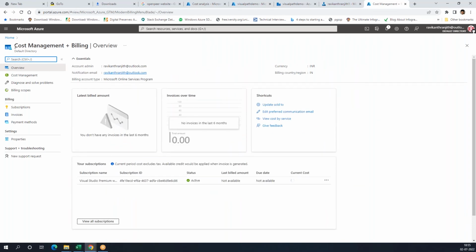This is information if you are the owner of your subscription; you will be able to see what cost management is. But in the actual world, in enterprises, there will be separate administrators, Microsoft Azure subscription administrators, to whom this cost management will be assigned.